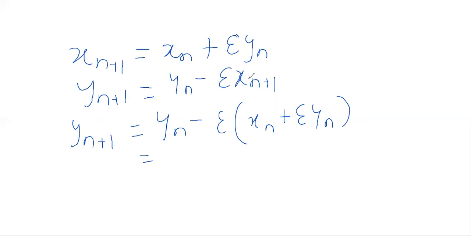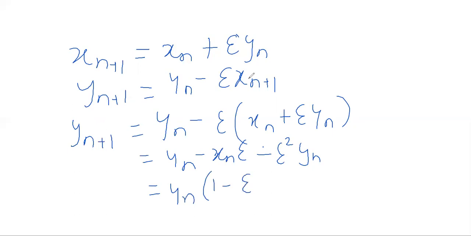So here it is equal to yn minus xn into epsilon, or epsilon xn plus, sorry, minus epsilon square yn. Okay, so just have a yn term differently. Yn I will take common, it will be 1 minus epsilon square, and here it is epsilon into xn.